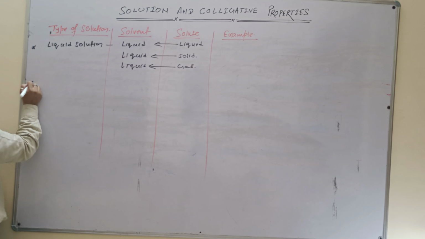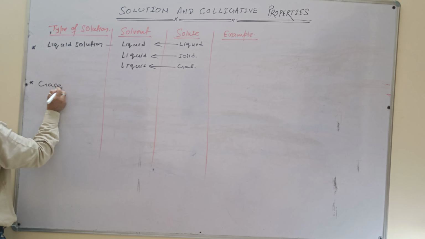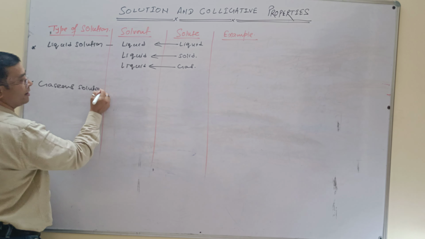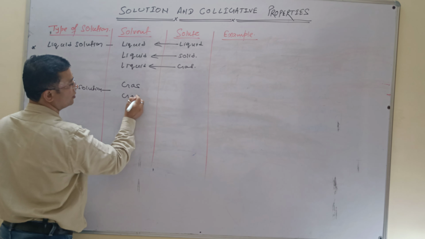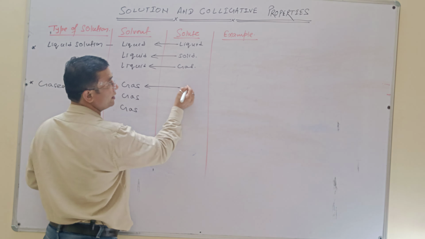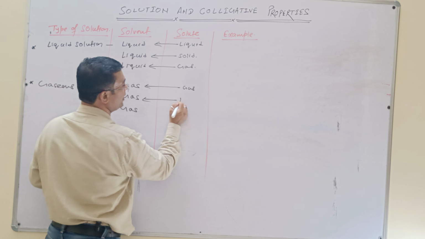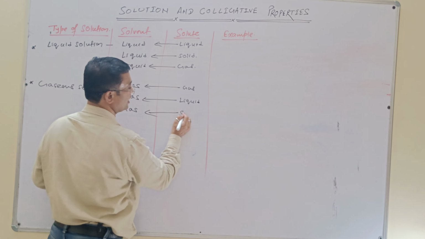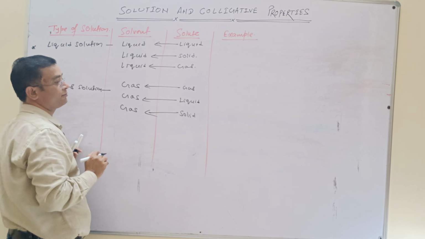In the same manner, if I am taking the gaseous solution, then you will see here the solvent component is always a gas, and the solute component is gas dissolved in the gas, liquid dissolved in the gas, and solid dissolved in the gas. Then how much? 3 and 3, 6 subtypes.